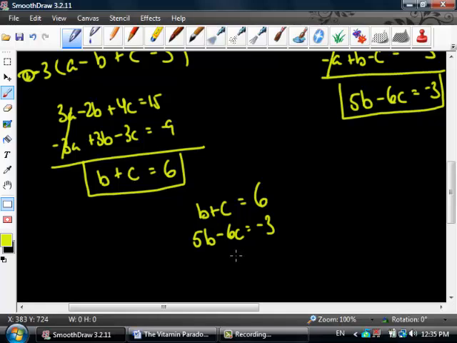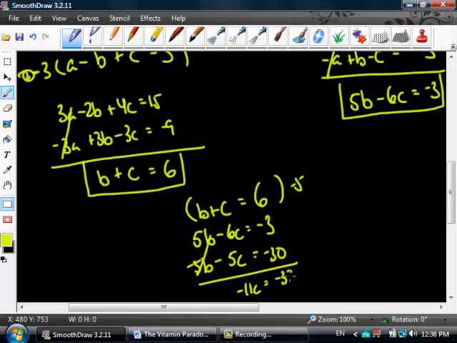Joshua, what do you want to do? You want to eliminate b or eliminate c? B? Okay, so that means I'm going to multiply everything by negative 5. So I'm going to get negative 5b minus 5c equals negative 30. Those are out of there. Negative 11c equals negative 33. C equals 3.